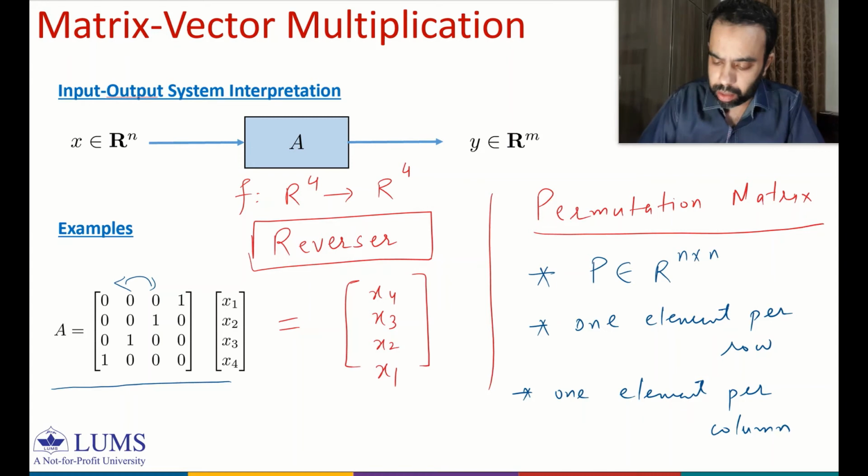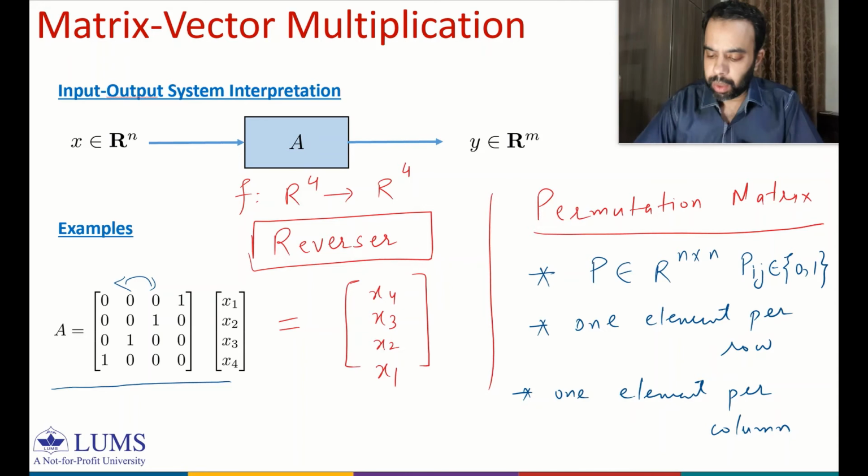So it's R n cross n, and each entry, say Pij, can be either 0 or 1. So this is a permutation matrix. A permutation matrix would simply change the order of components of the input.